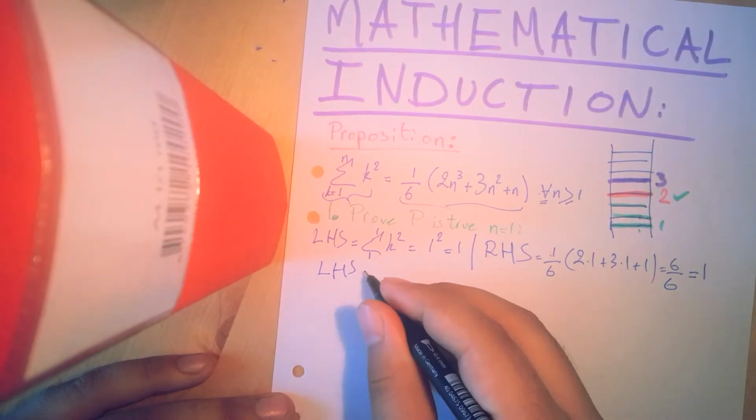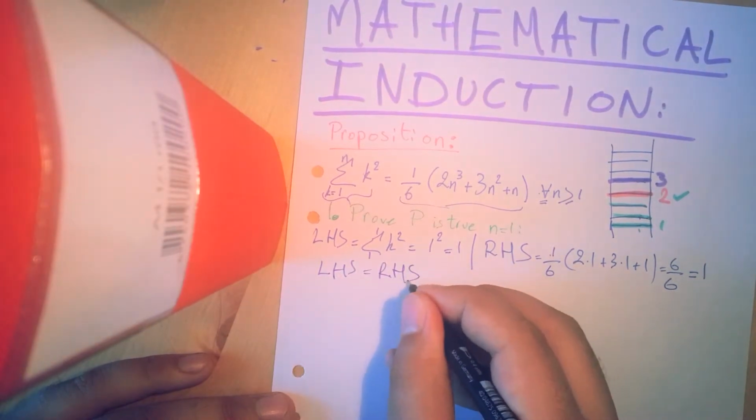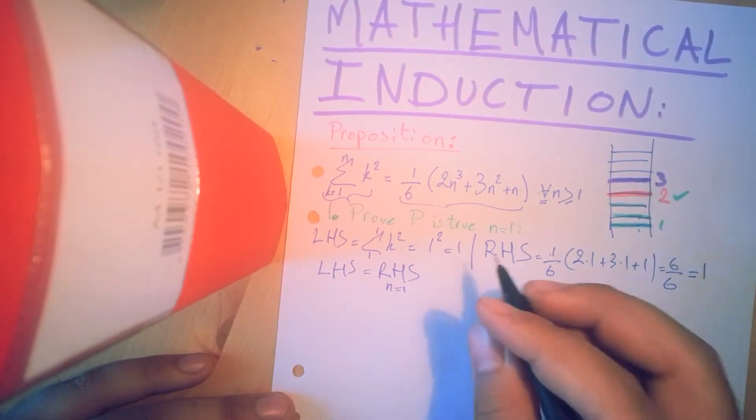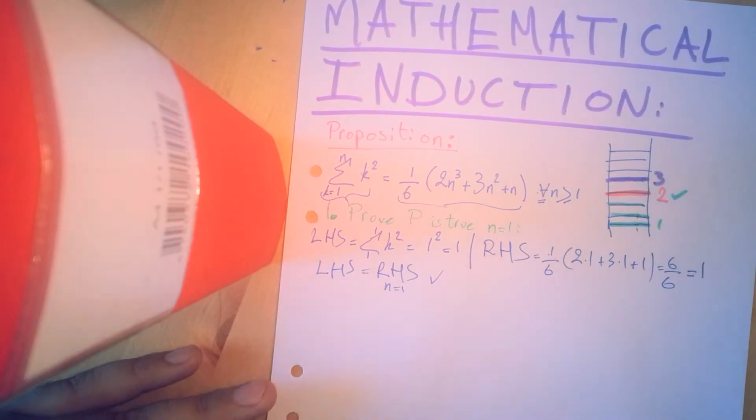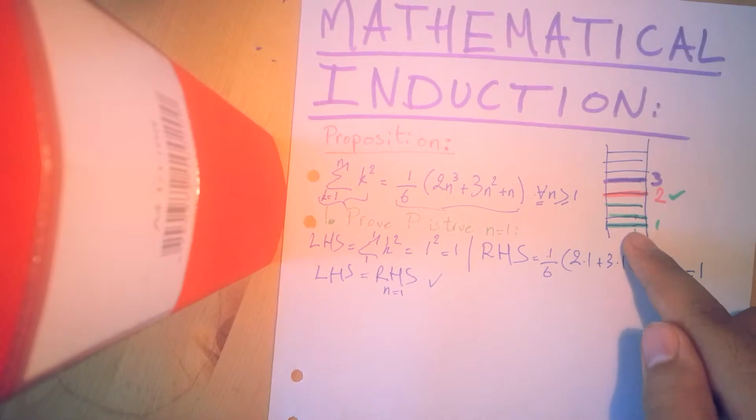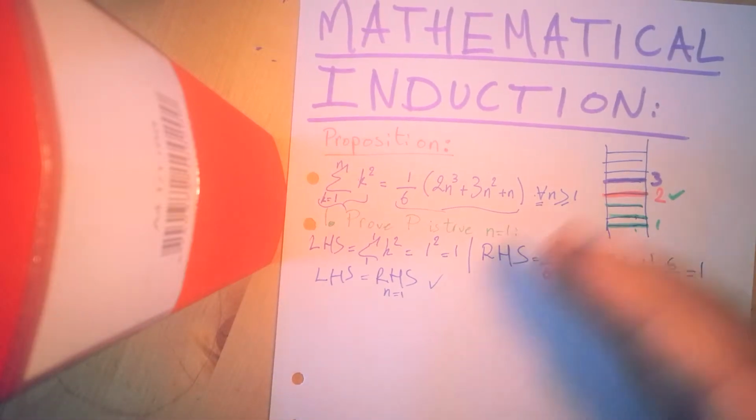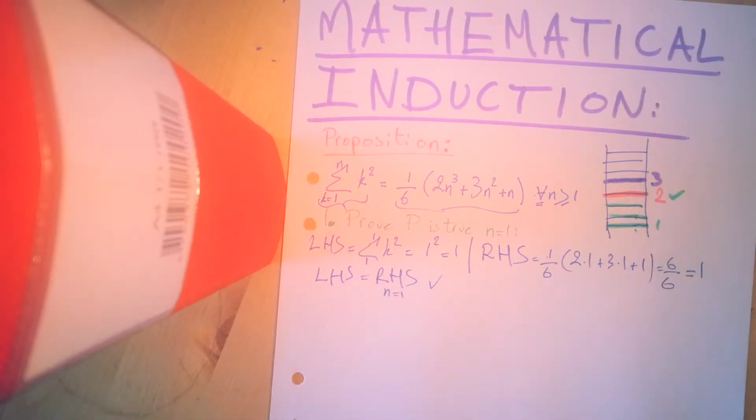So we have that the left-hand side equals the right-hand side for n equals 1, and so the proposition is true for n equals 1. So now we've just shown that the first step exists. That is nowhere near showing that all the steps exist, but we have the first one.